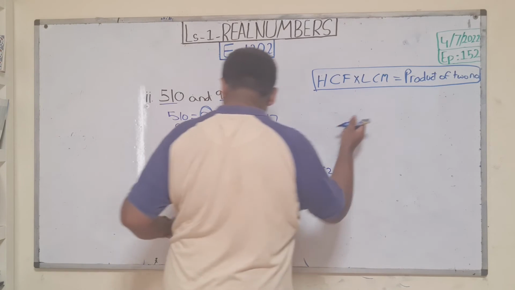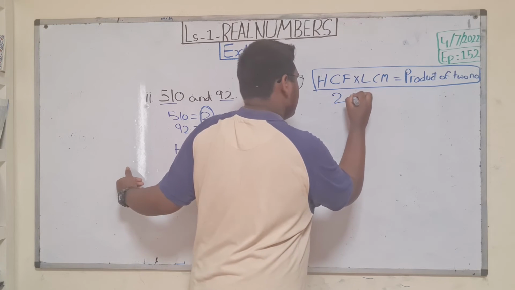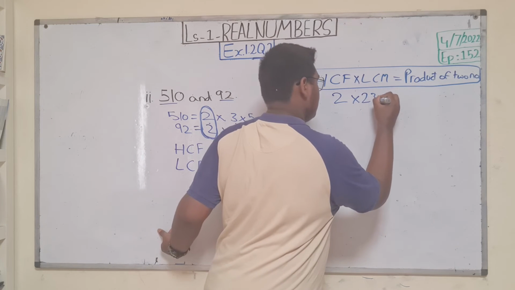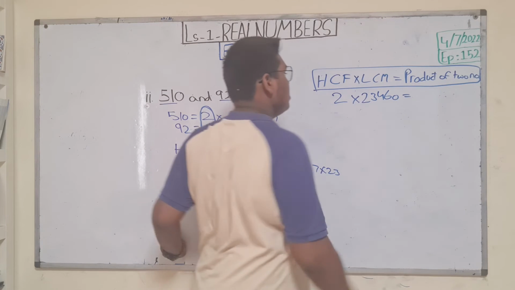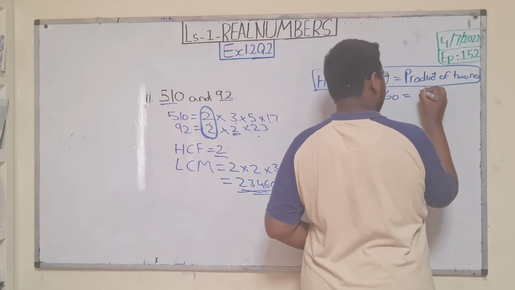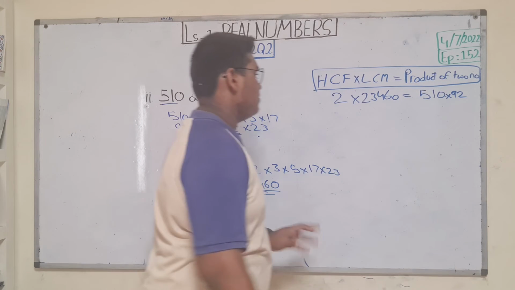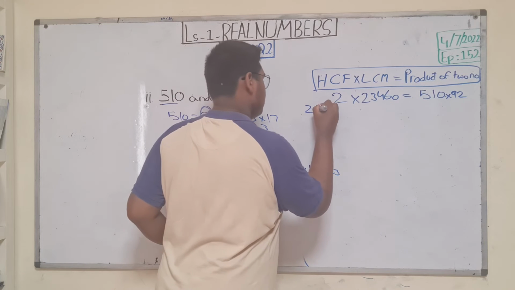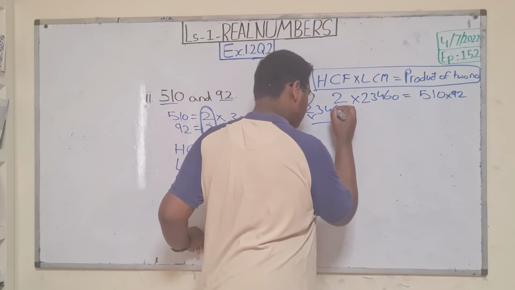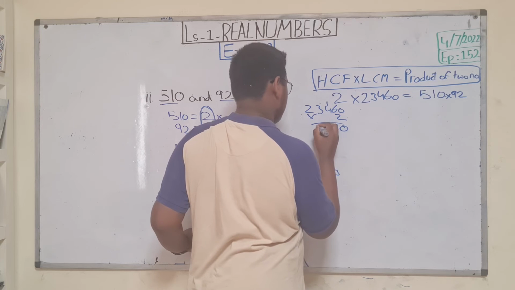Then we'll take HCF, sorry. HCF is 2, right? So let's write 2, and then LCM. LCM is 23460 is equal to the product of two numbers, that is 510 and 92, right? 510 into 92. Okay, now let's multiply it quickly. 23460 into 2 is 46920.